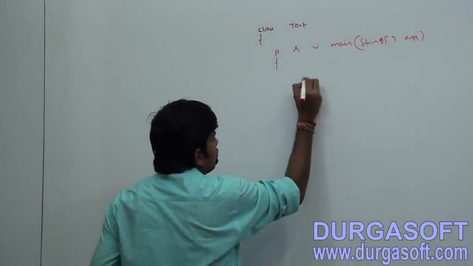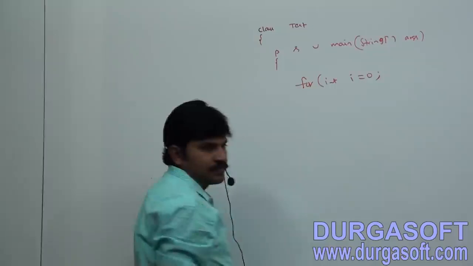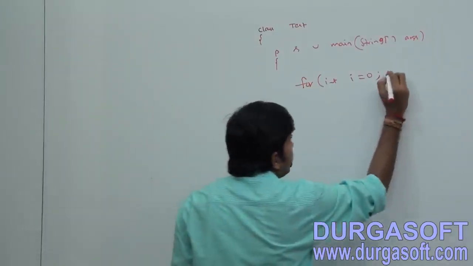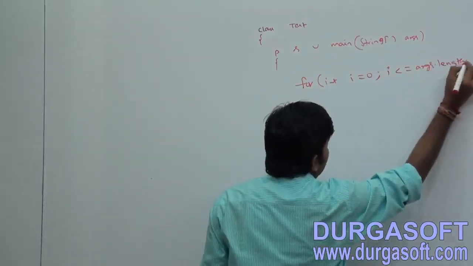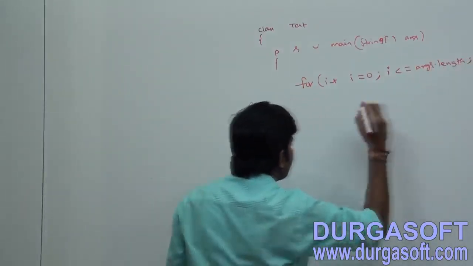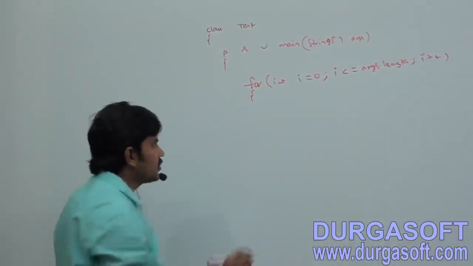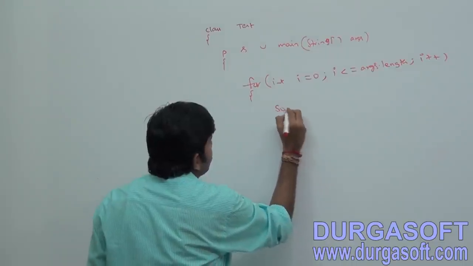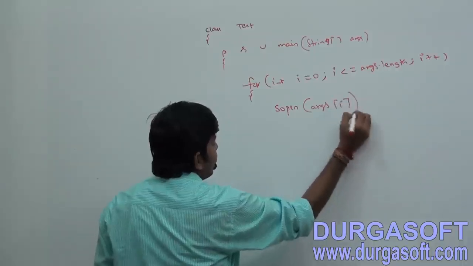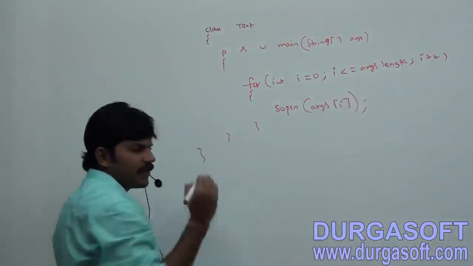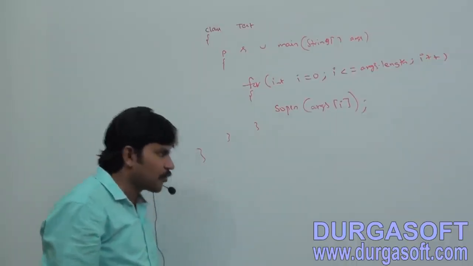Now my target is: for int i = 0; i <= args.length; i++. Now here System.out.println(args[i]). Like, sir, can you please print the command line arguments?